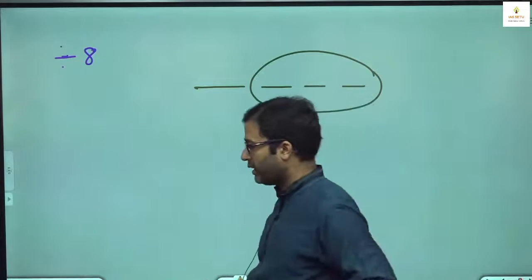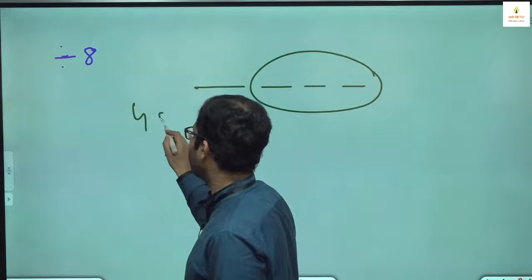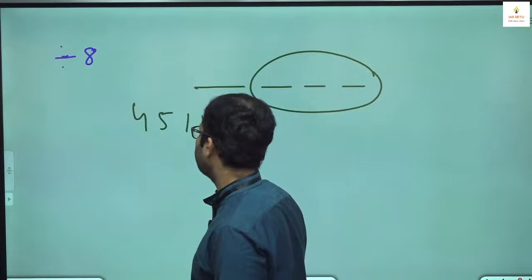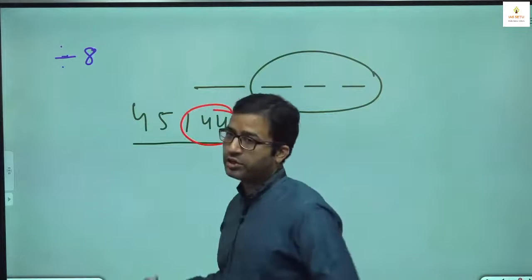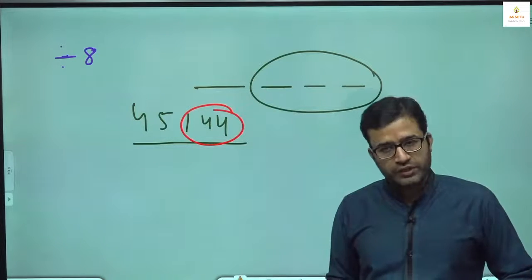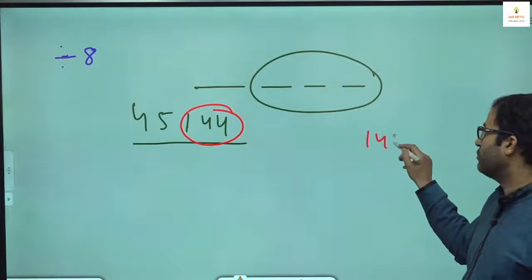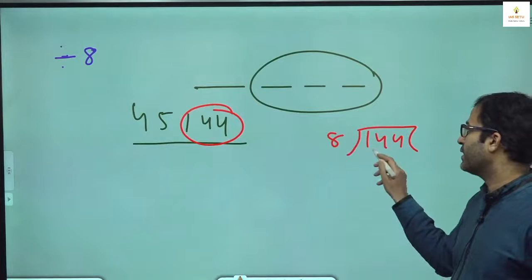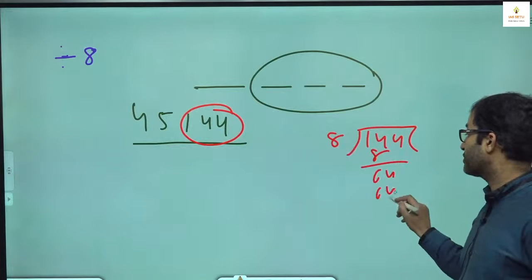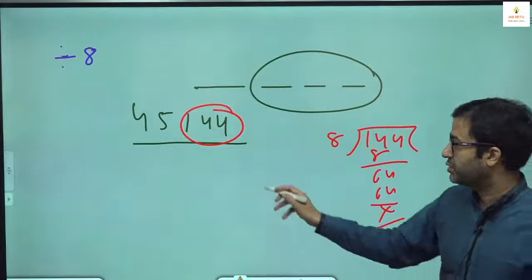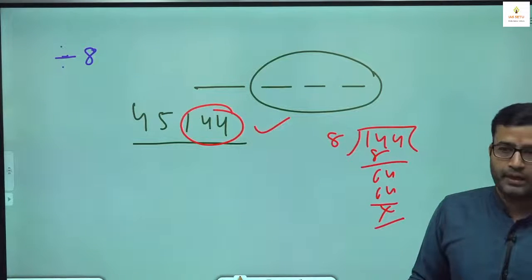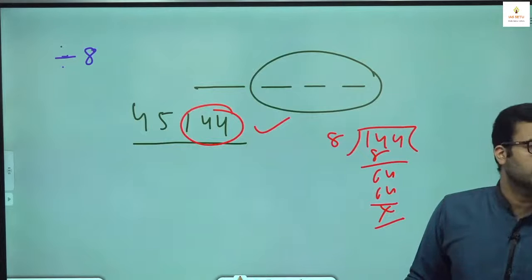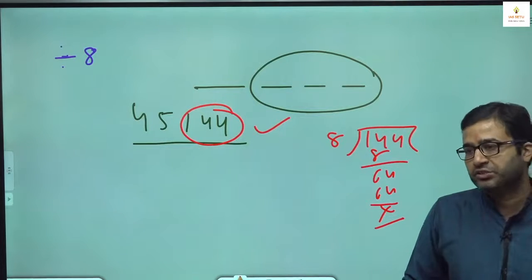Like for example, if I take my number 45,144, you have to check 144. Is it divisible by 8? Yes, 144 we divide by 8, 8, 64, 64, yes, it is divisible. So this complete number is divisible by 8. If the last 3 digits are divisible by 8, it means the complete number is divisible by 8.